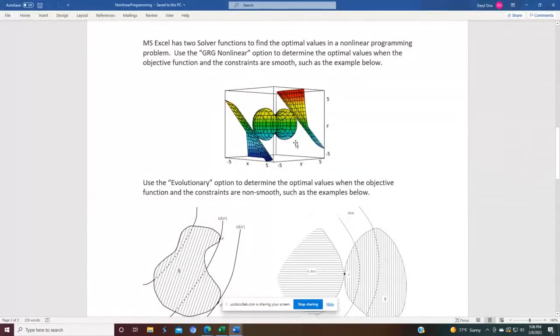So when you have what are called smooth functions, see this doorknob looking thing in the middle, that's our feasible region. And these two other ones, the one with the red and the one on the left here, those are our profit functions. When they're nice and smooth like that, the option that we're going to use in Excel is GRG Nonlinear. You'll see where we can choose that.